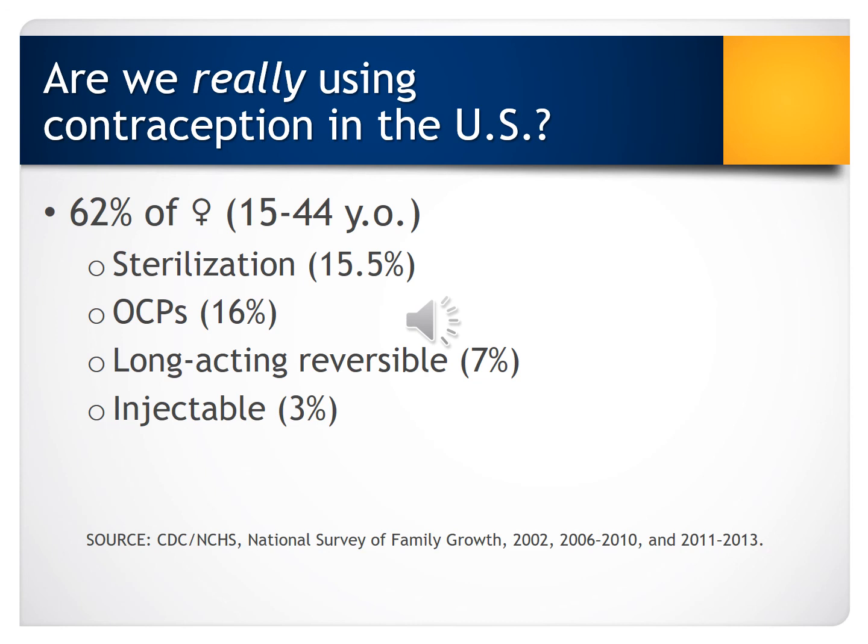So with this large percentage of childbearing women using contraception, it's extremely important that we as nurses understand the different types, the functions, side effects, and risk factors related to contraceptive use.